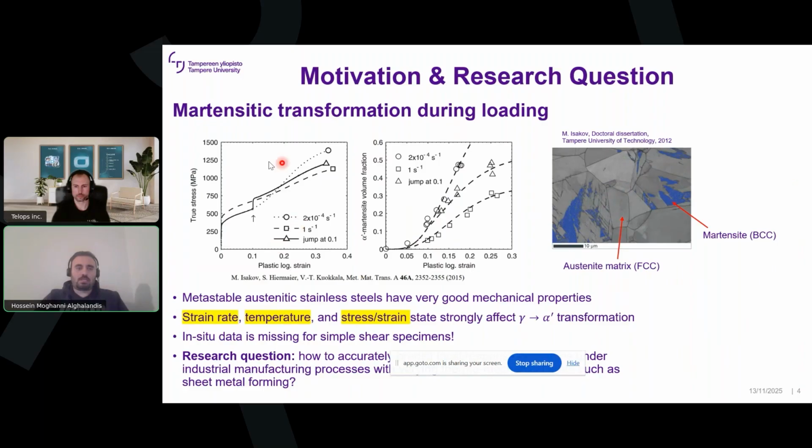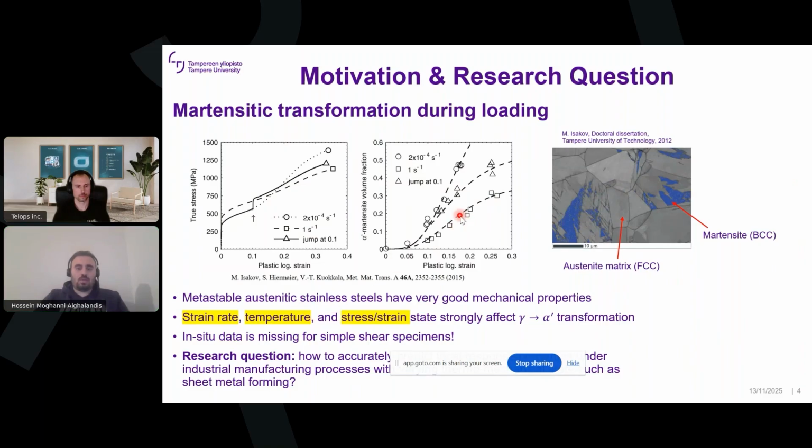For example, in this figure, with increasing the strain rate from 2 times 10 to the power of minus 4 to 1, you can see the positive strain rate sensitivity in the yield strength. However, after some point, it decreased, and it is because of the transformation: with increasing from low strain rate to high strain rate, the volume fraction decreases.